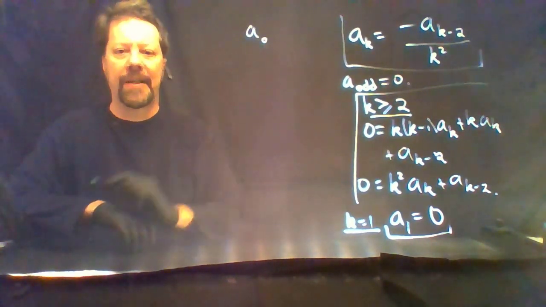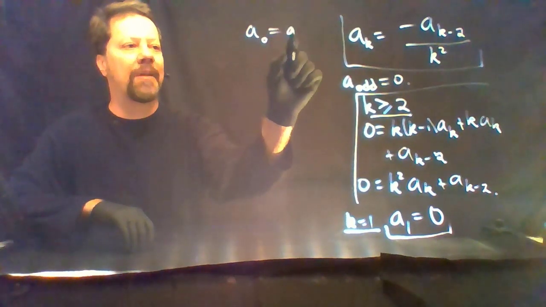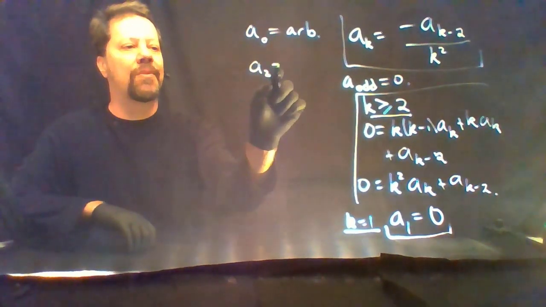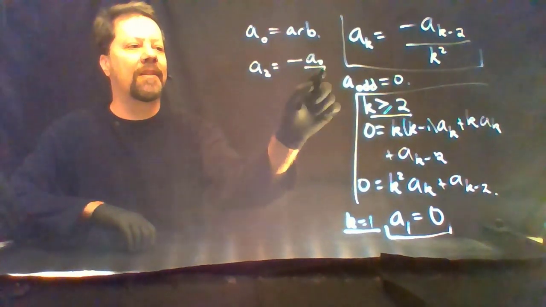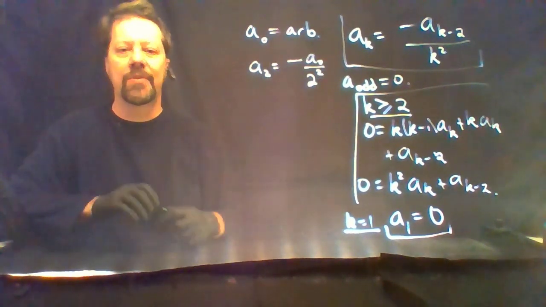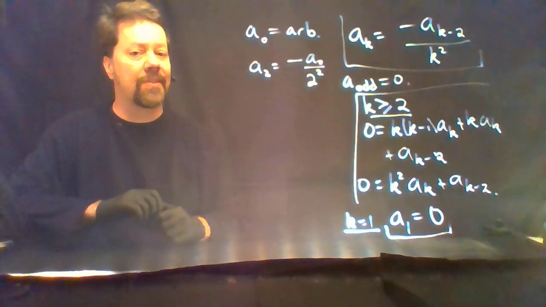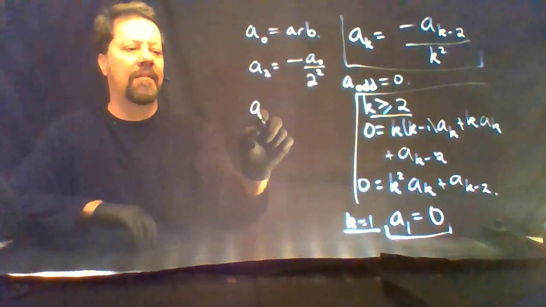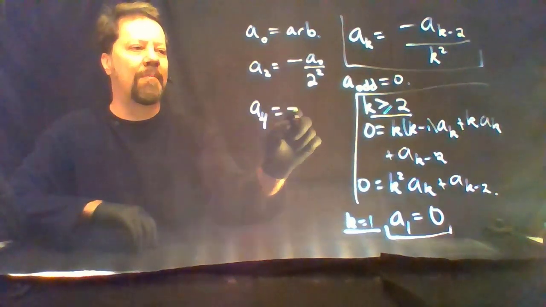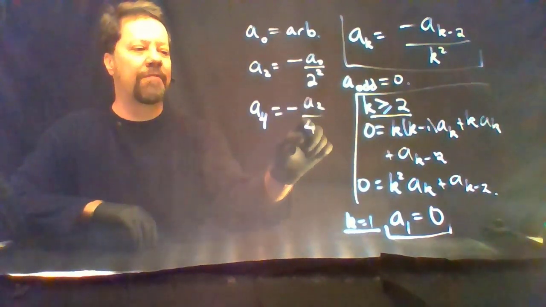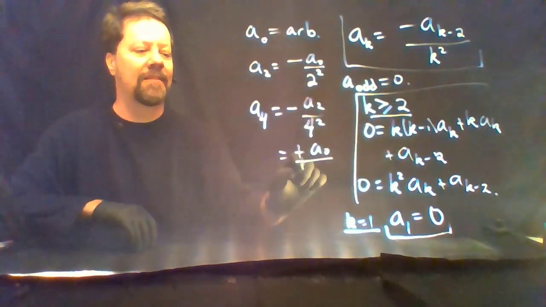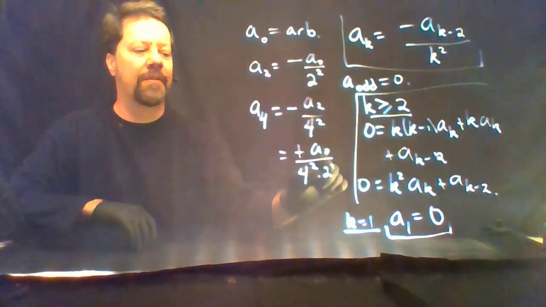Nothing will determine a naught, so a naught will be arbitrary. A2 will be minus a naught divided by 2 squared. Keep in mind, it's best not to simplify these. A sub 4 is minus a2 divided by 4 squared, which is going to be positive a naught divided by 4 squared, 2 squared.